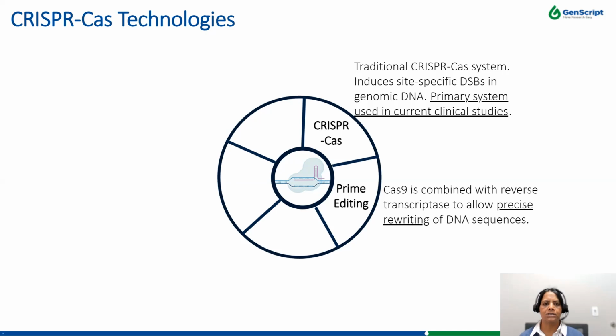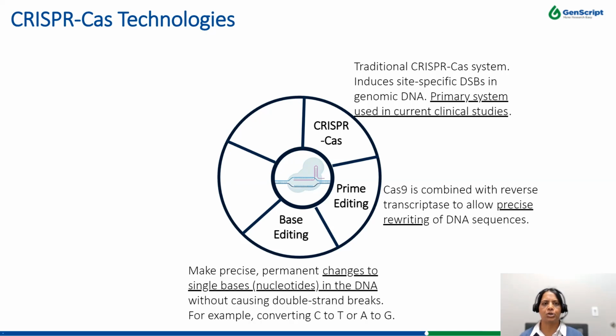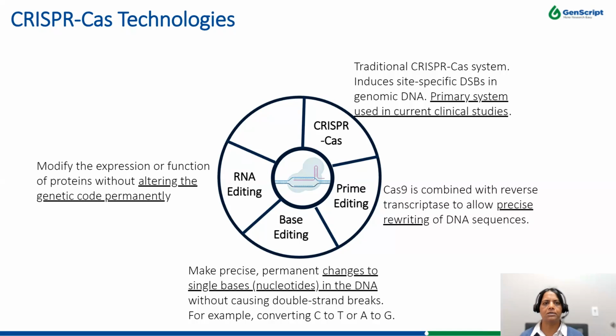Another way the CRISPR-Cas technology can be used is base editing, which is perfect for correcting single gene disorders like beta thalassemia by changing just one letter of the DNA. Another one is RNA editing technology. This technique doesn't alter the DNA but adjusts the protein level, which is useful for treating conditions like neurological disorders.